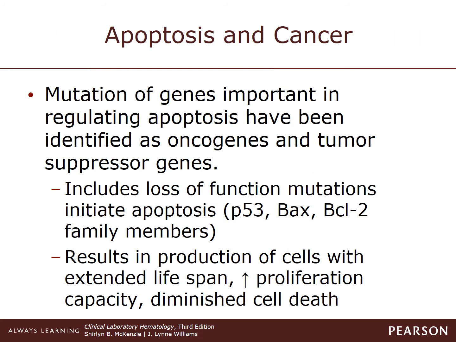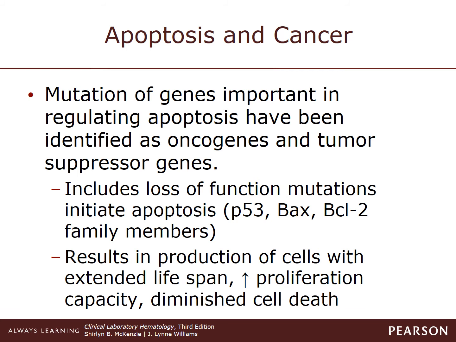So we know that to keep balance within the body and homeostasis, cells need to proliferate, differentiate, and die. During cancer states, you usually have an accumulation of an excess number of cells, which is very characteristic of malignancies, resulting in increased proliferation, but we also see a decrease in cell death or apoptosis.